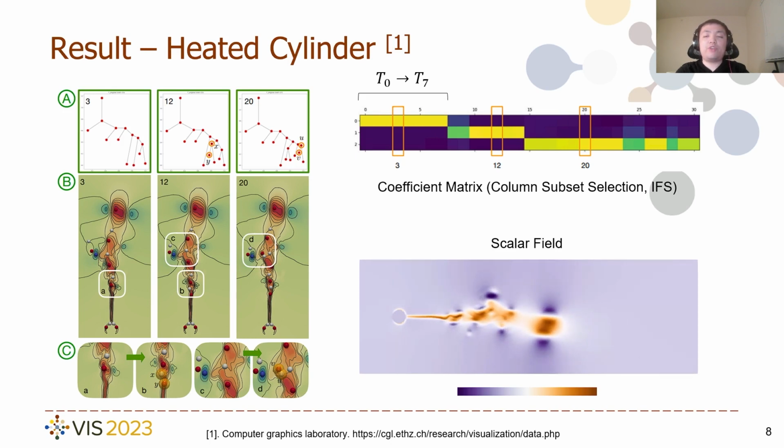And another branch, uv, emerging from time step 12 to 20. The coefficient matrix shows the modes of physical phenomena across time steps. For example, from time step 0 to 7, all instances have similar high coefficient in the first row, indicating that the first representative is the mode of these time instances.